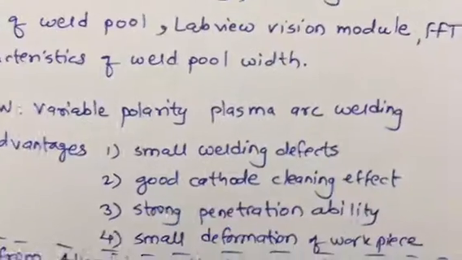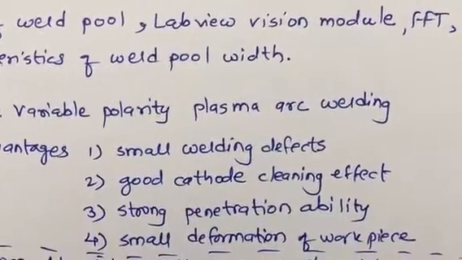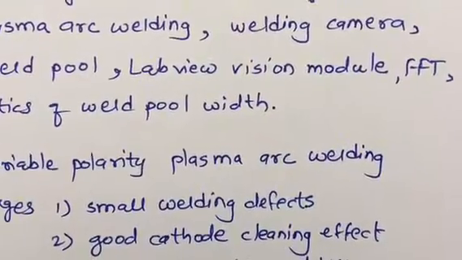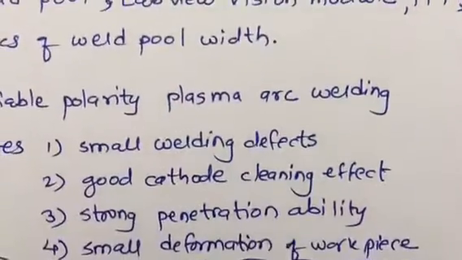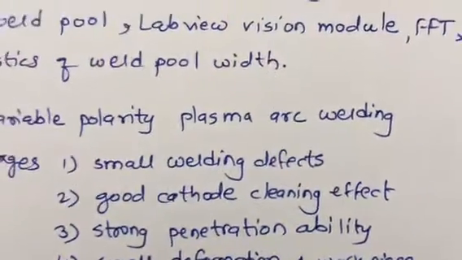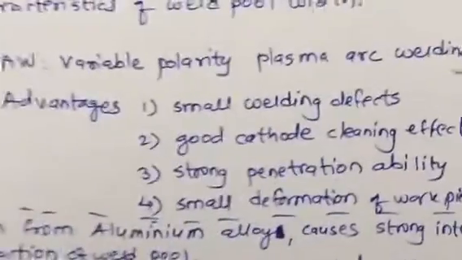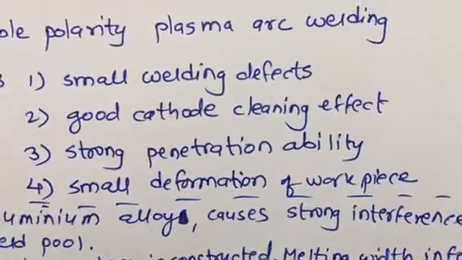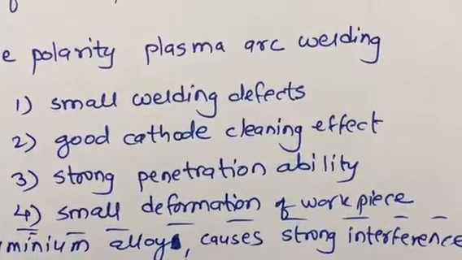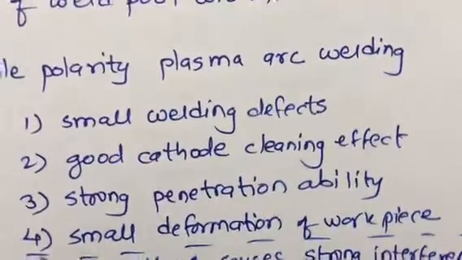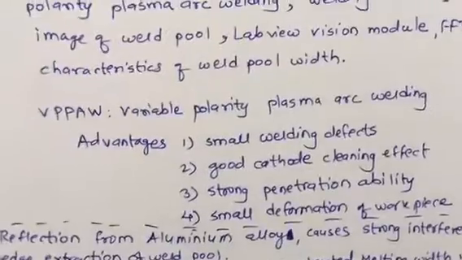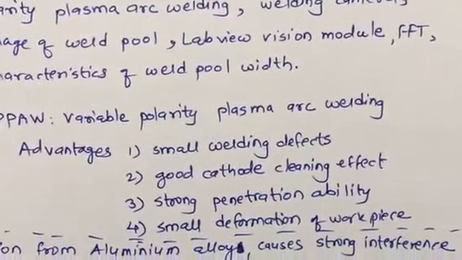Now the advantages of variable polarity plasma arc welding are small welding defects, good cathode cleaning effect, strong penetration ability, and small deformation of workpiece. So these are the advantages of variable polarity plasma arc welding.